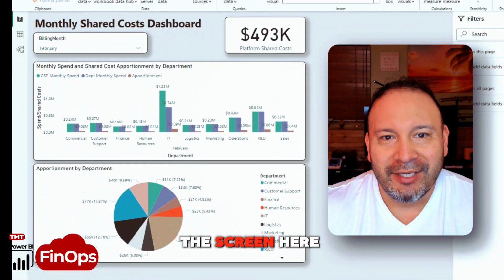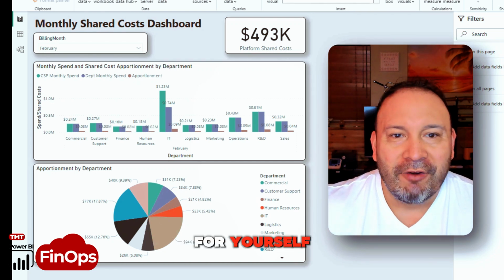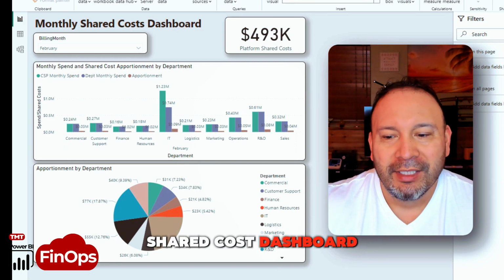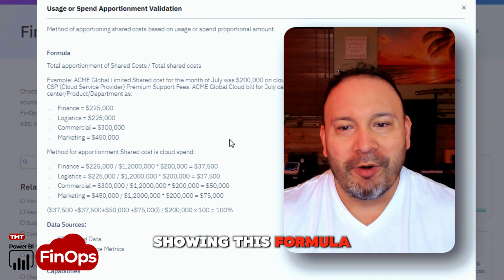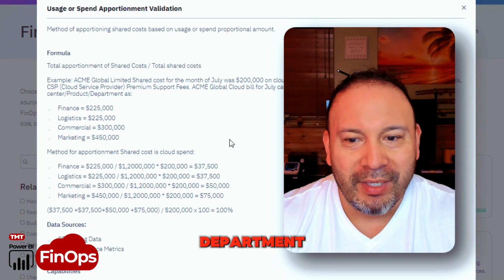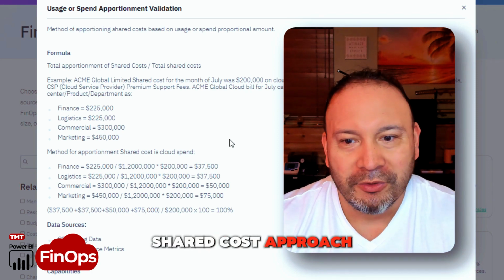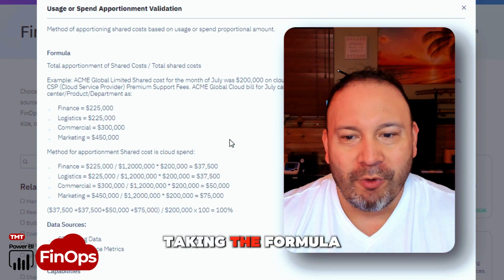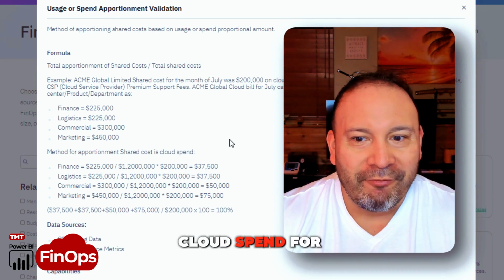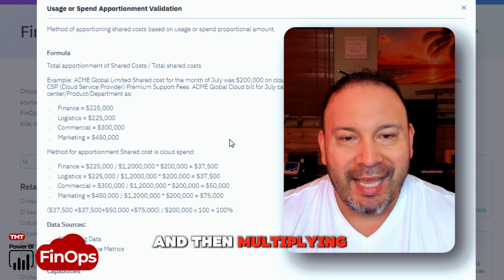And this is the screen here that you're going to actually be able to create for yourself. What I put together here was a monthly shared cost dashboard. Here, the KPI is showing this formula where you're breaking things down by department, and you're using the apportionment shared cost approach, where you're basically taking their actual cloud spend for the month, dividing it by the total, and then multiplying that by the shared cost.